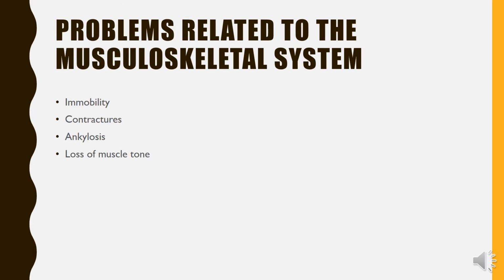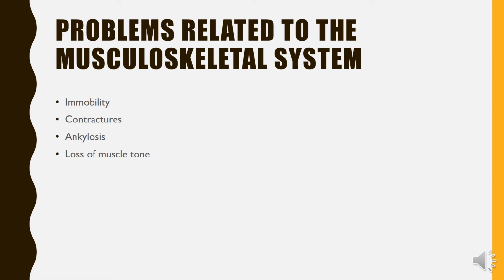Problems related to the musculoskeletal system. Immobility itself can be caused by neurologic injuries or disease that cause long-term immobility, or we can have trauma that occurs that causes short-term immobility, such as strains, injuries to our joints, fractures, back pain, sometimes surgery.